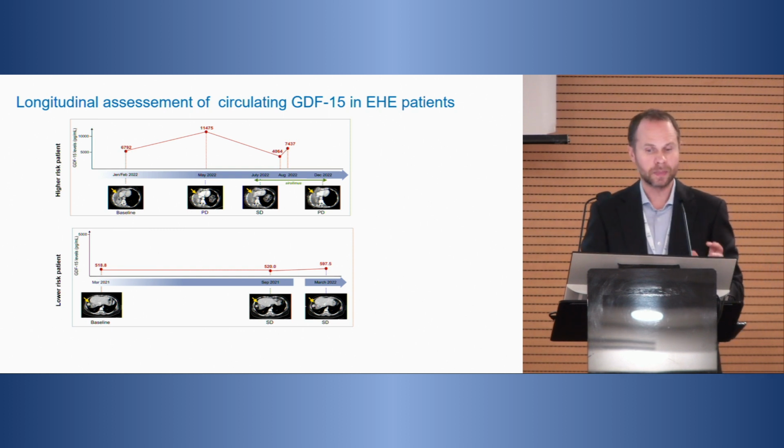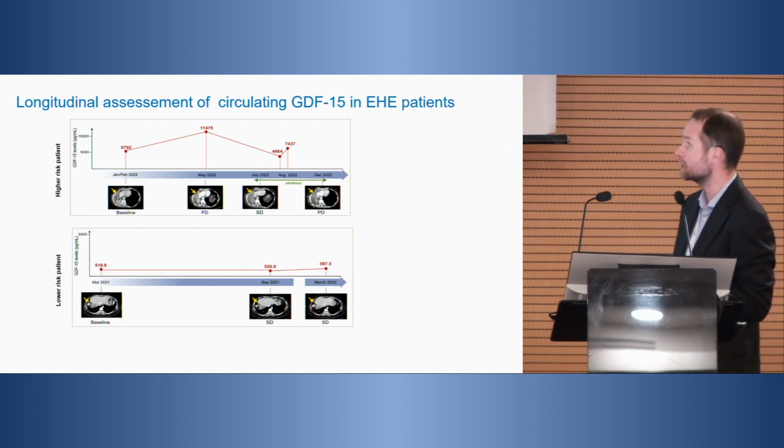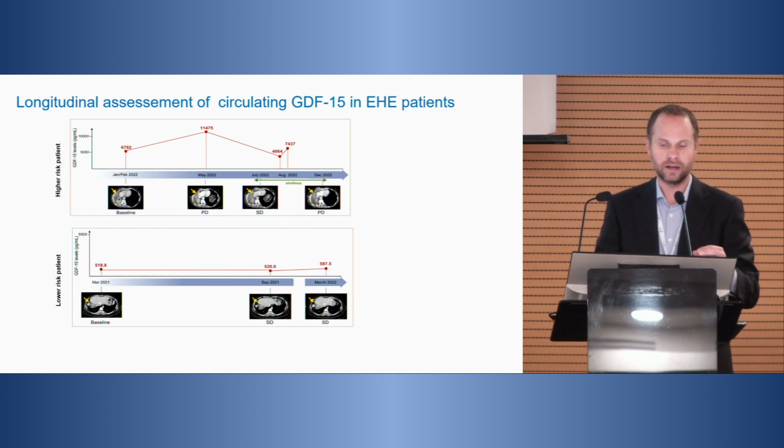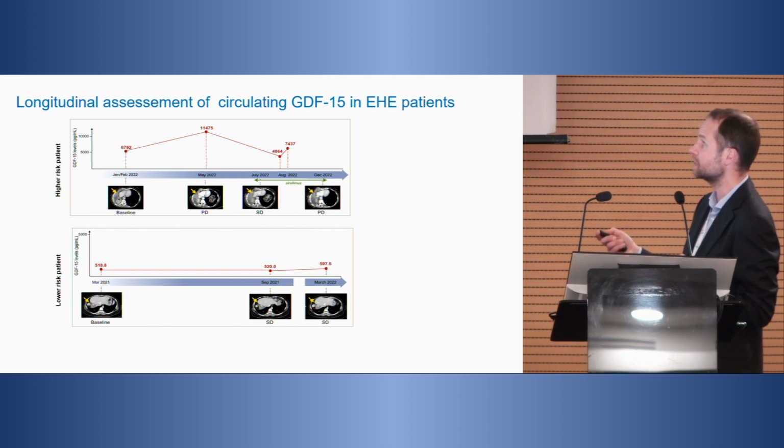Just to close, I want to give you two examples of two different patients, because the study is ongoing. The one on top is a patient with a high-risk disease, so quite an aggressive tumor, progressing. These are the scans of the patient. These are the levels of the GDF15.